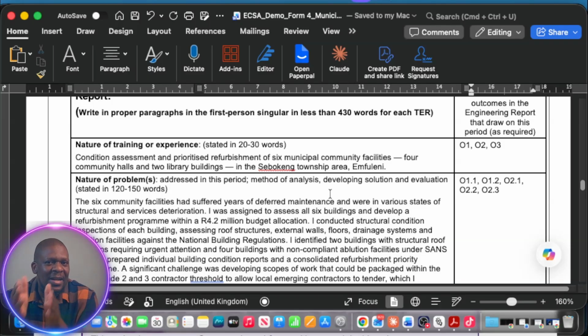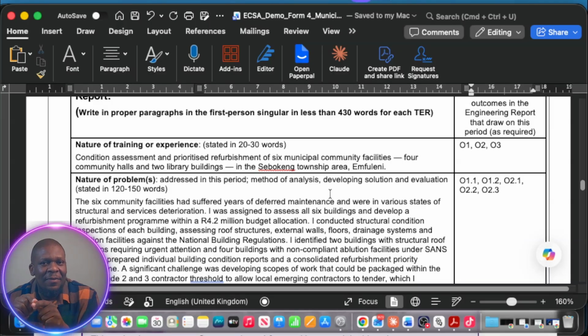The method of analysis. I conducted a structural conditional inspection of each and every infrastructure. The reason why you need to do that is so that you can tell your team what kind of maintenance they need to do. You assess the roof structure, you look at the external walls, the floor, the drainage system, ablution facility, against national building regulation.